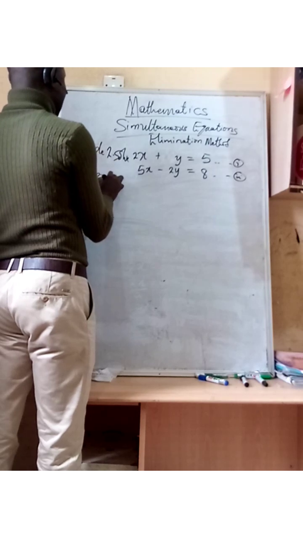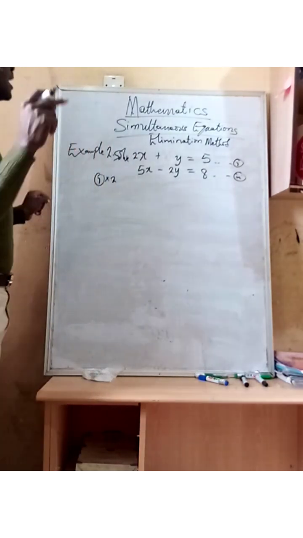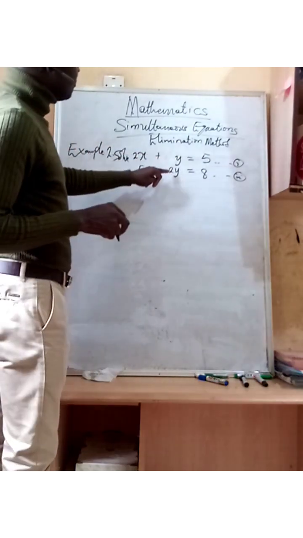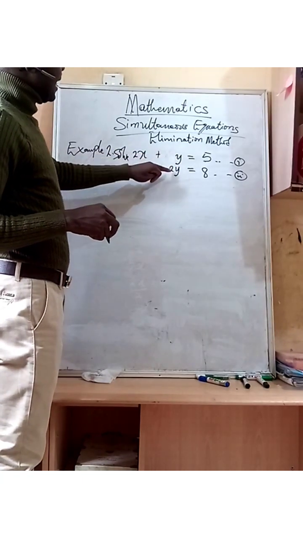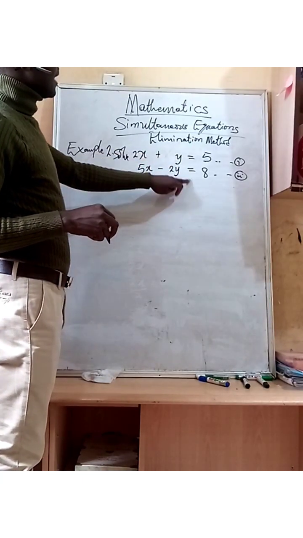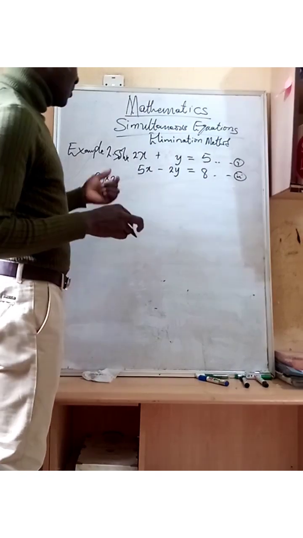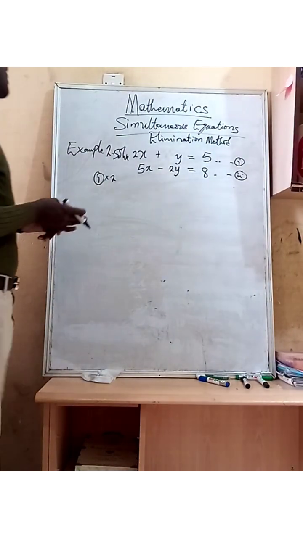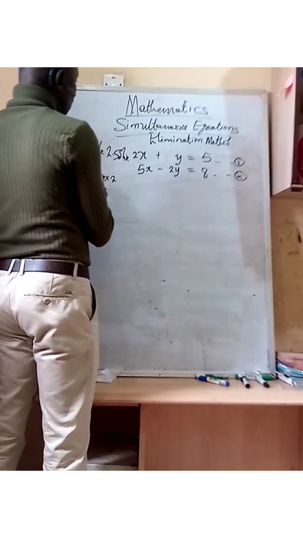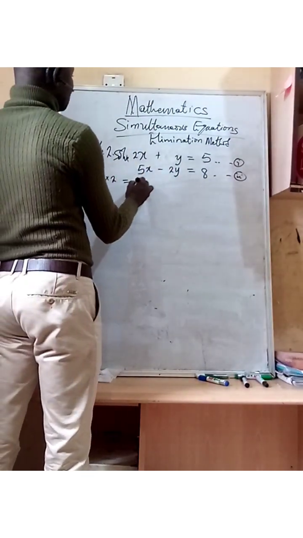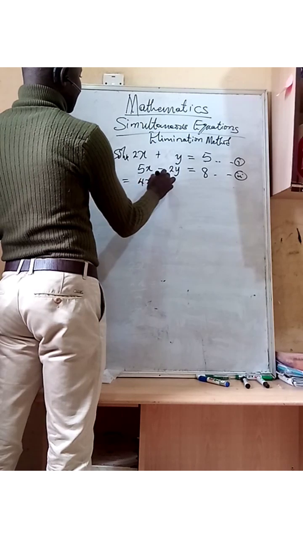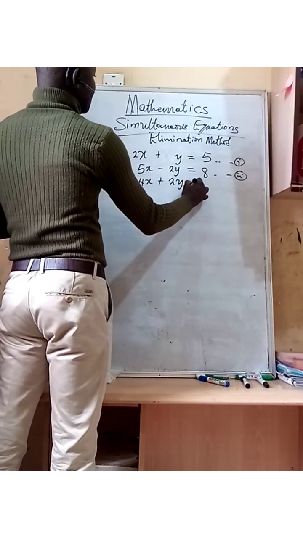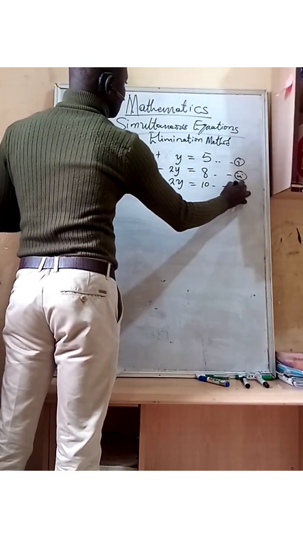equation 1 times 2. Why are we doing that? Because we want to ensure that the coefficients of this y and this y are going to have the same absolute value. In any case, they are going to become additive inverses. I will explain that subsequently. So we multiply equation 1 by 2, and that gives us 4x plus 2y equals 10, equation 3.